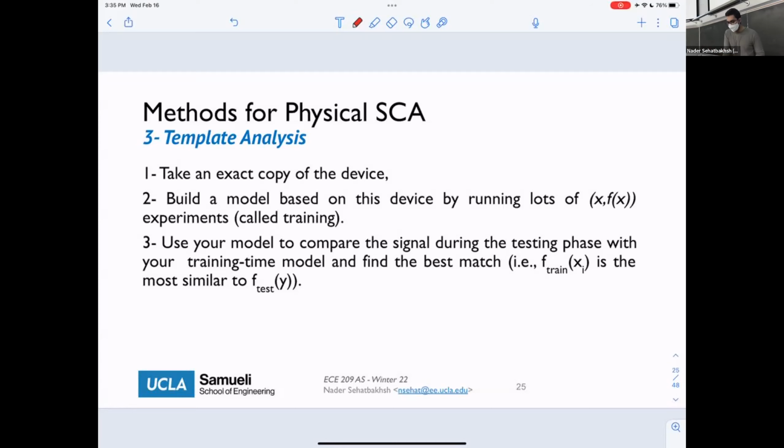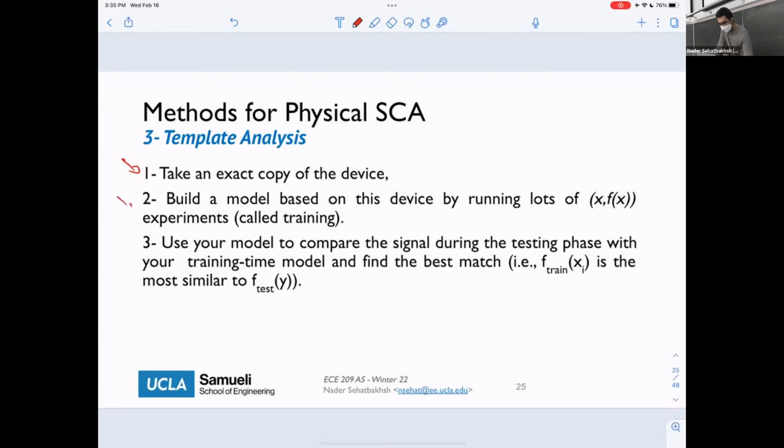We take a step-by-step approach. First, we assume we can find an exact copy of the device that we want to attack. This is not an unrealistic assumption, because it is usually very easy to find and replicate a specific device.